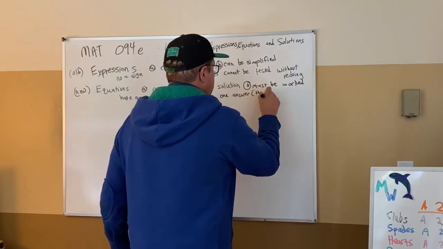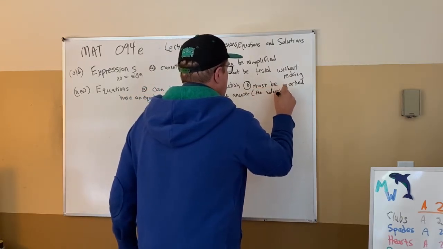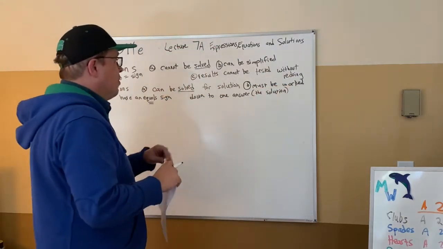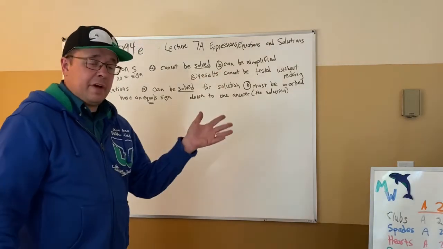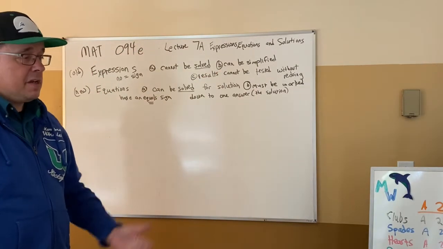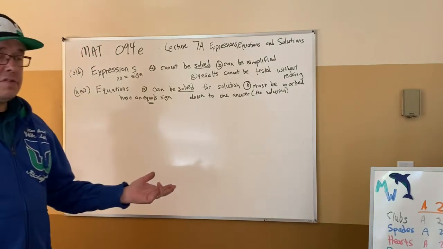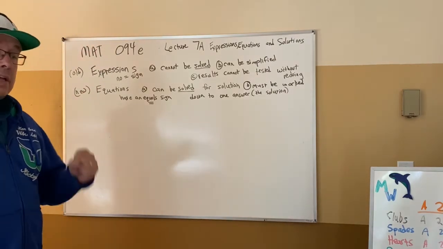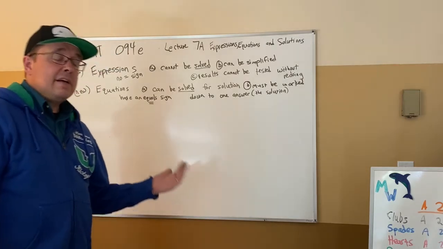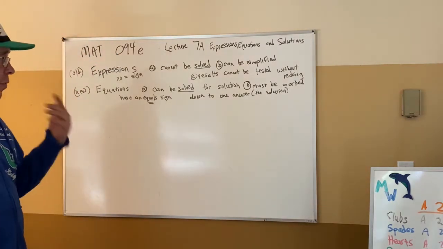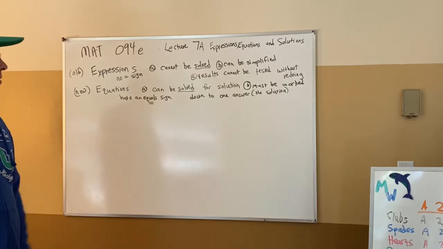That's again the solution. You're done with your work if you simplify it all the way. Simplifying, the way we've defined it is, let's get rid of all the parentheses, let's combine all the like terms. If parentheses are still there, it's not simplified. If there are two like terms or more than that are not combined, it's still not simplified. But when those needs are met, you have a simplified expression.